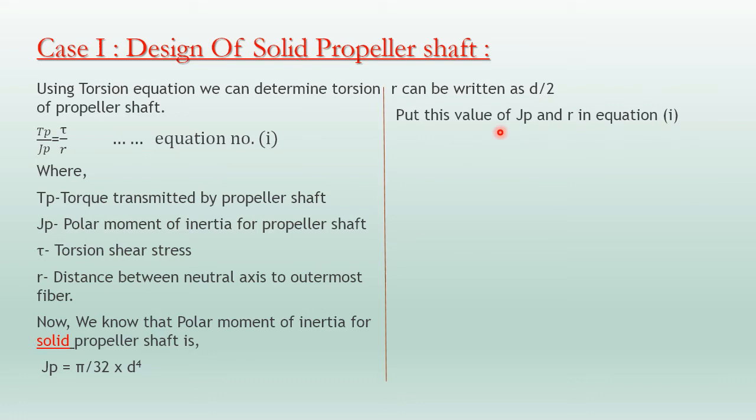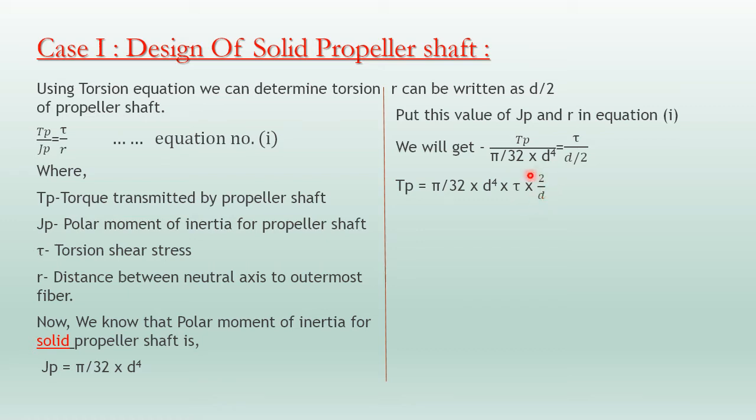Now put the value of this Jp and R in equation number first over here. So you will get Tp divided by pi by 32 into d raised to 4, which is equal to tau divided by d by 2. Now rearrange this term, we will get Tp equal to pi by 32 into d raised to 4 into tau into 2 by d.